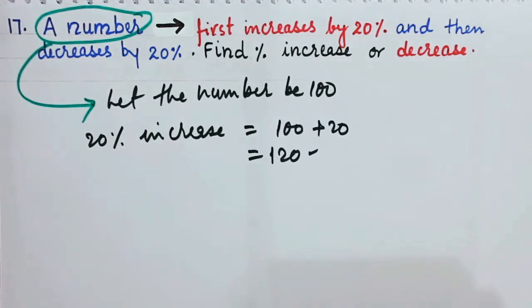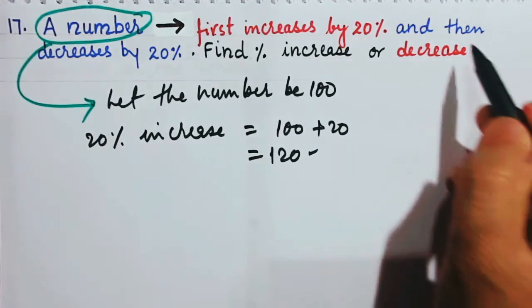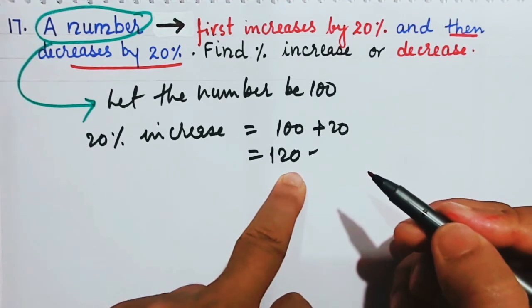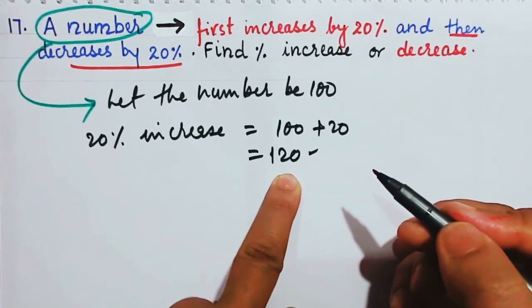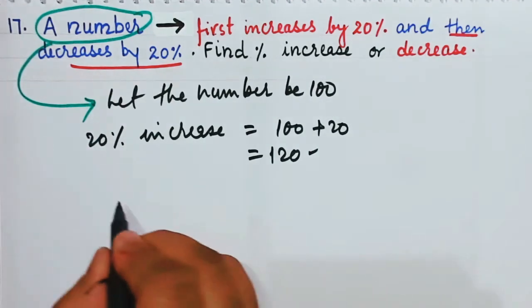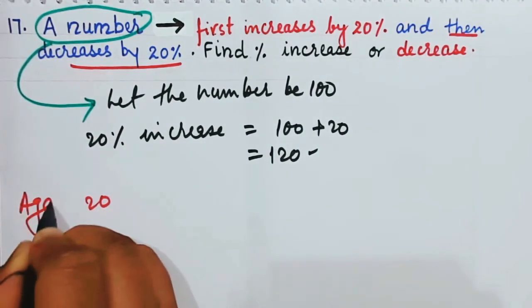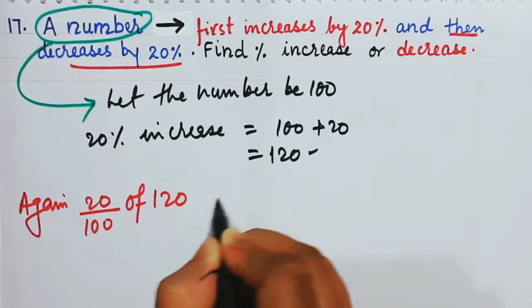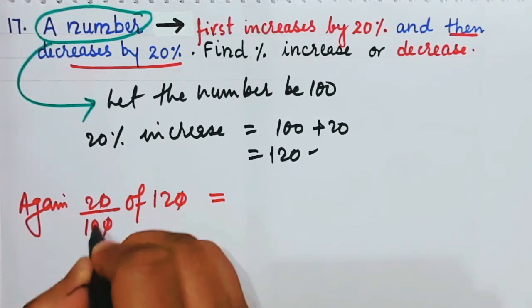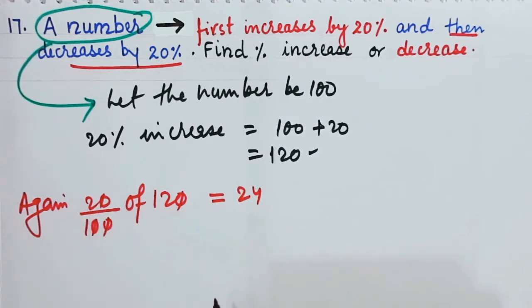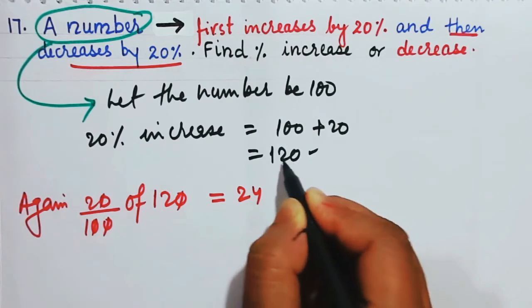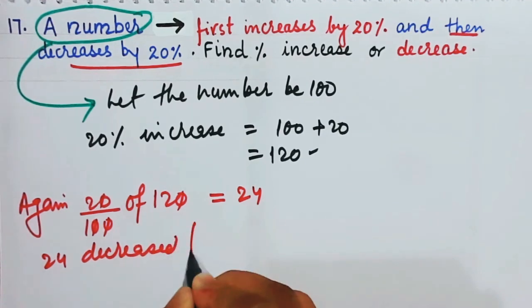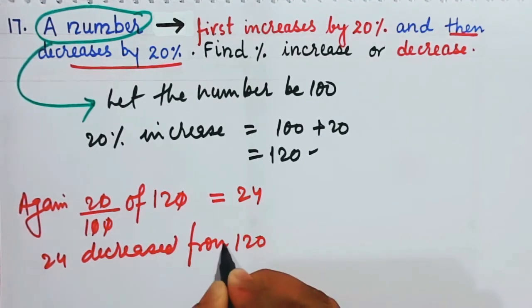Now, it then decreases by 20%. This decrease is after you have increased by 20%. So from this value there will be a decrease of 20%. 20% of 120 is equal to 24.